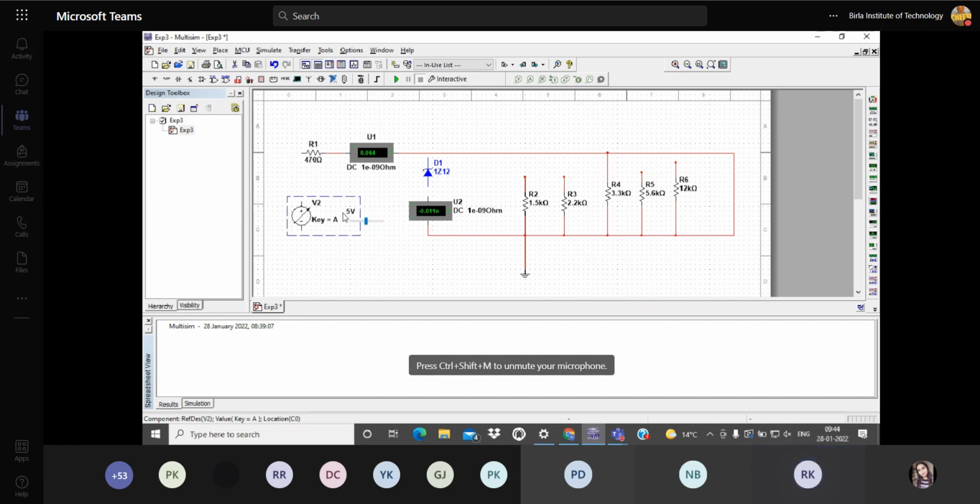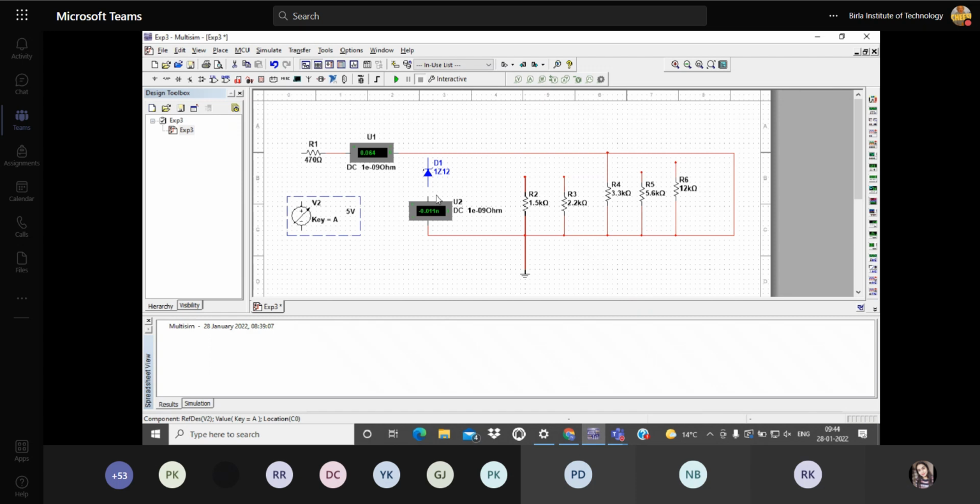Sir, one more problem. In the experimental setup of experiment number 3, something else is given in place of this and this, U1 and U2. What is it?